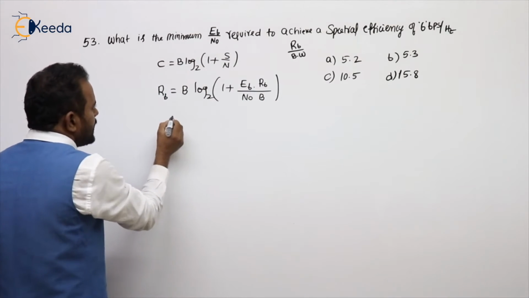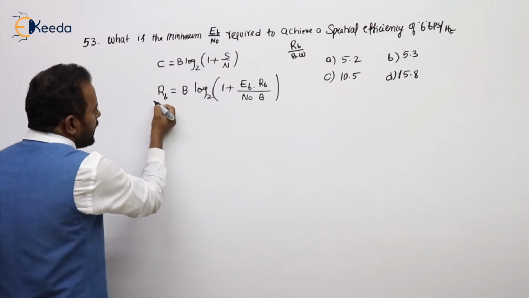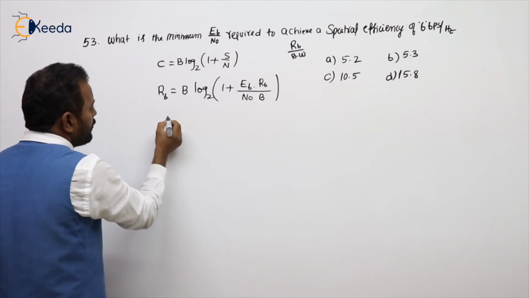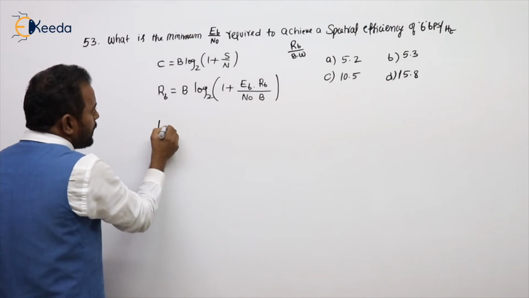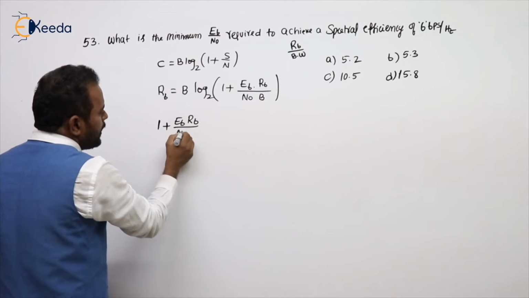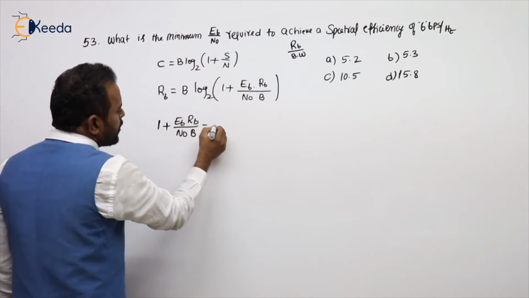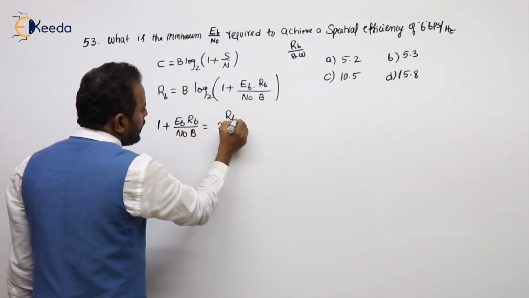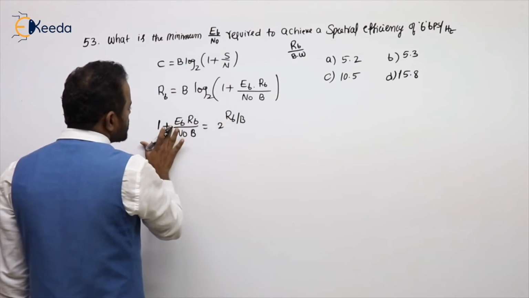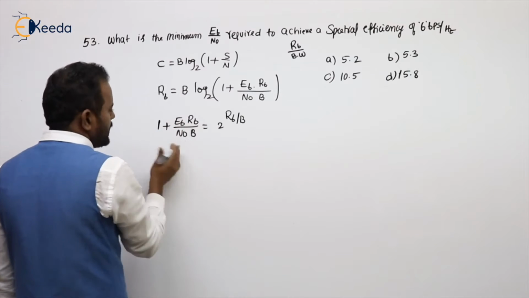Can I write this as C? Apply anti-log with base 2, then it will be 1 plus Eb Rb by N0 B equal to 2 power Rb by B, and the 1 coming to this side, minus 1.